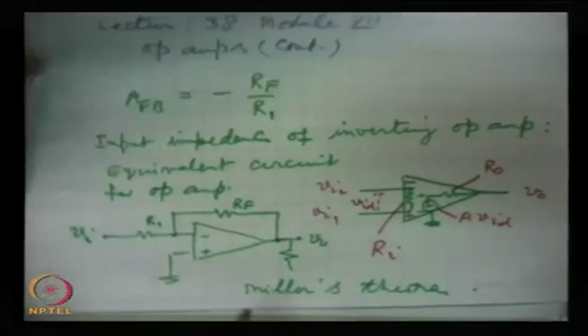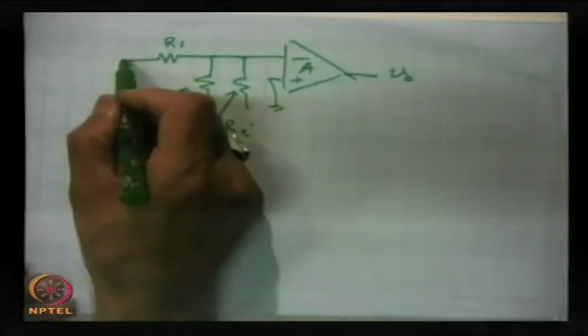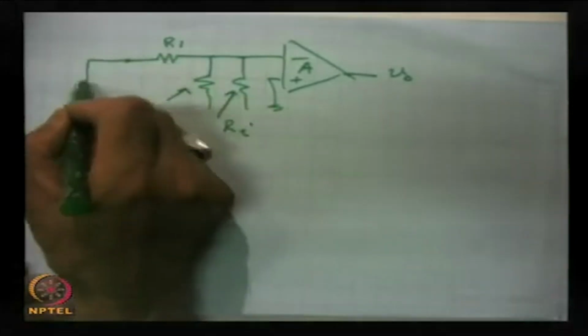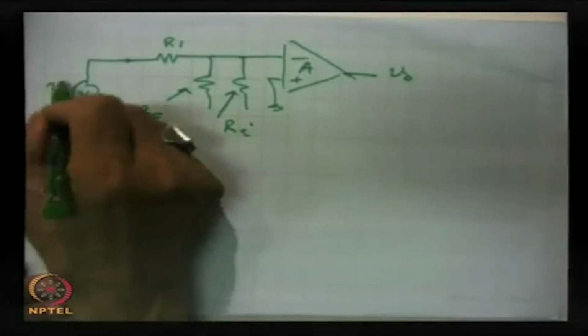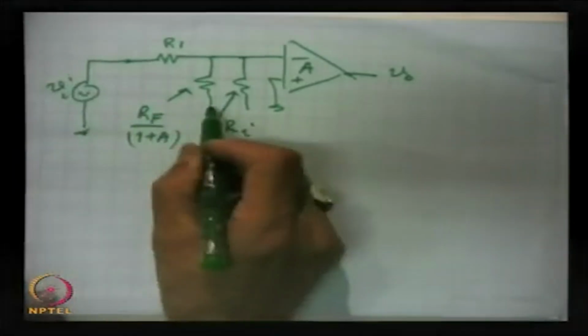So, we transform it to its equivalent at the input and this is R1 and of course, here this is Vi.